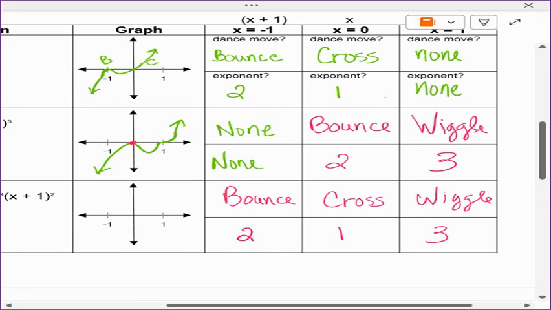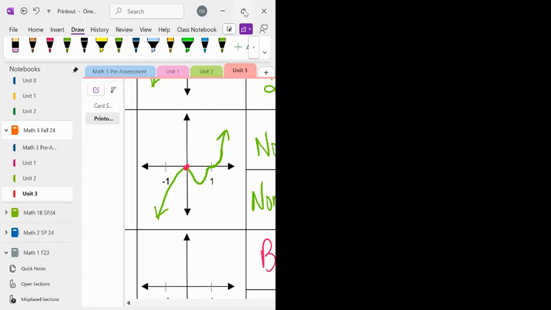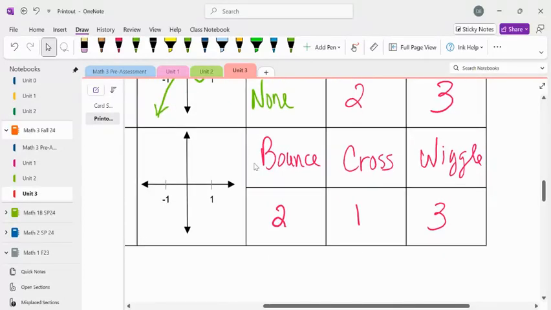I'm a horrible sketch artist, but I think it goes something like, it crosses at 0, right? So it goes up, bounce, cross. Let's try that again. I got to make this nice. I got to make this bigger. Sorry, guys. Okay.